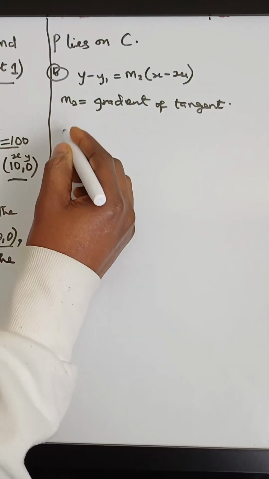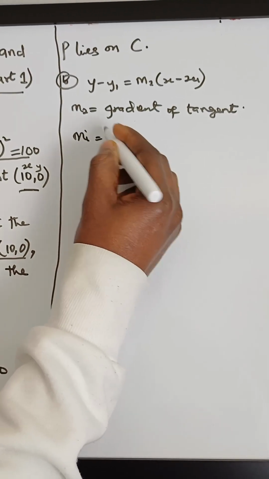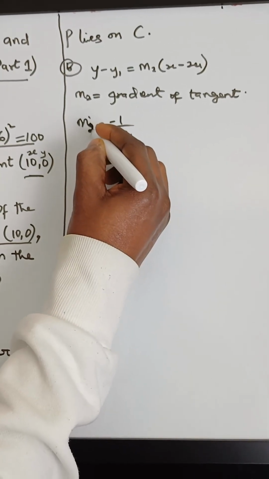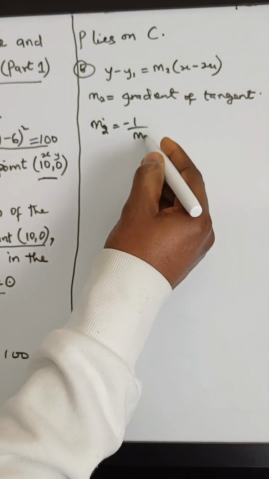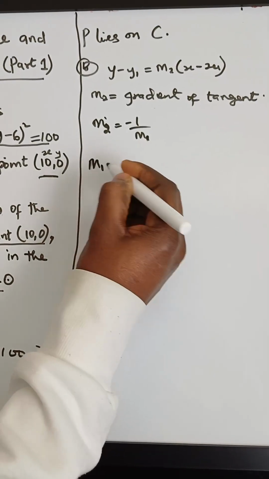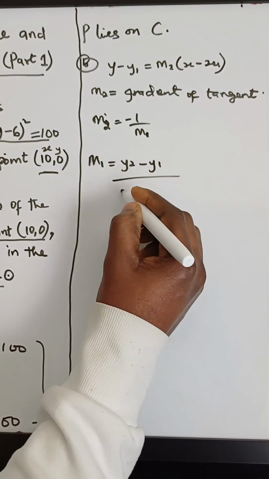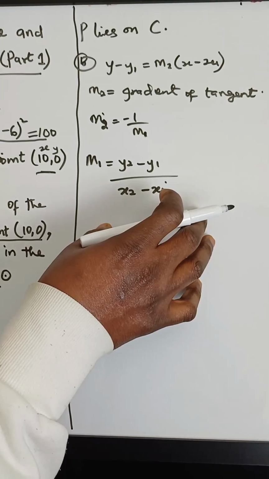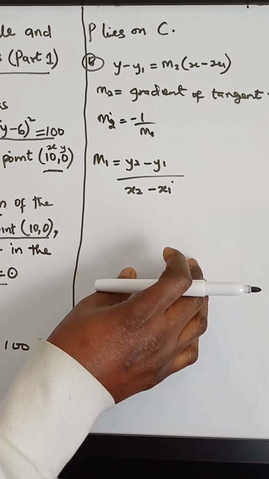To get the gradient of the tangent, m2 equals minus 1 over m1. That is, the gradient of the tangent is minus 1 over the gradient of the radius. Now the gradient of the radius, which is m1, is (y2 minus y1) over (x2 minus x1).